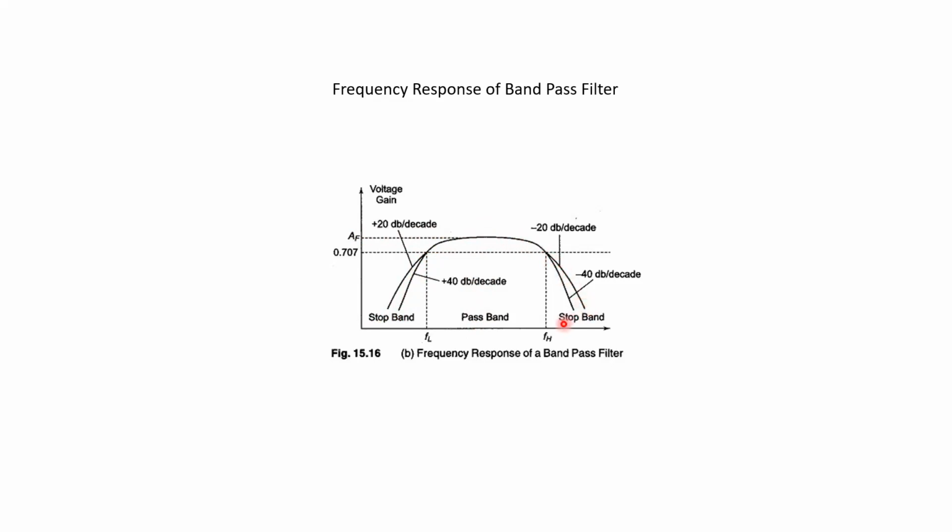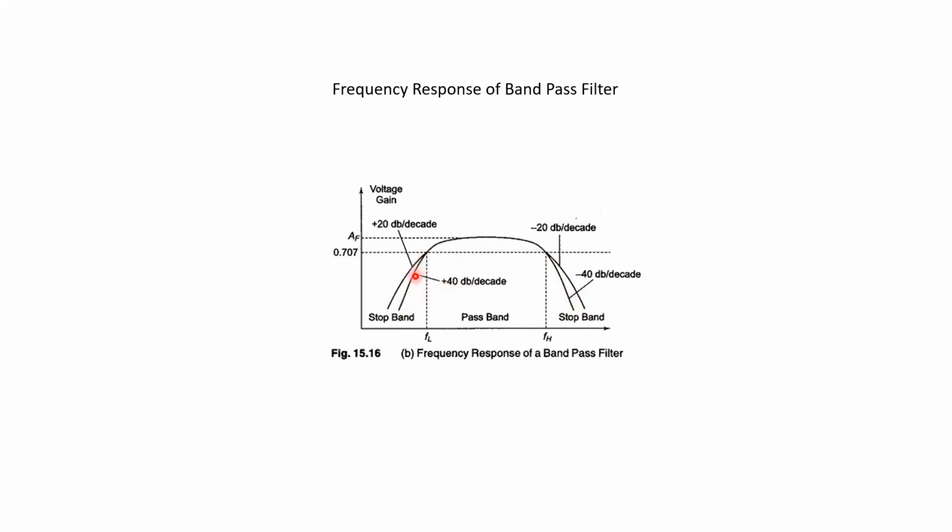So depending on whether it is a first order filter or a second order filter, we get different types of responses. For example, if it is a second order filter, then you can see the roll off will be steeper. Here it is minus 40 dB per decade roll off, and here it is increasing with plus 40 dB per decade.